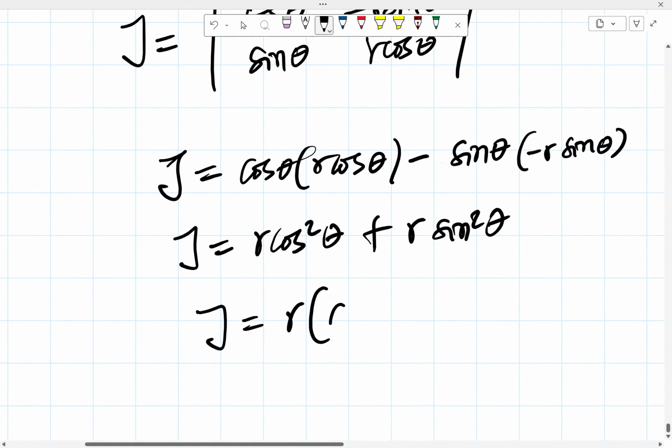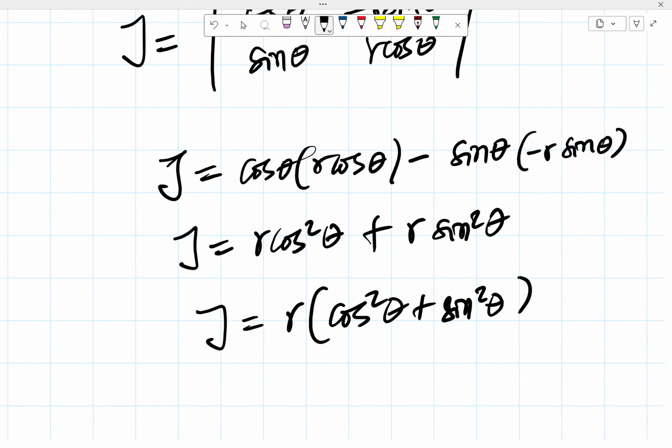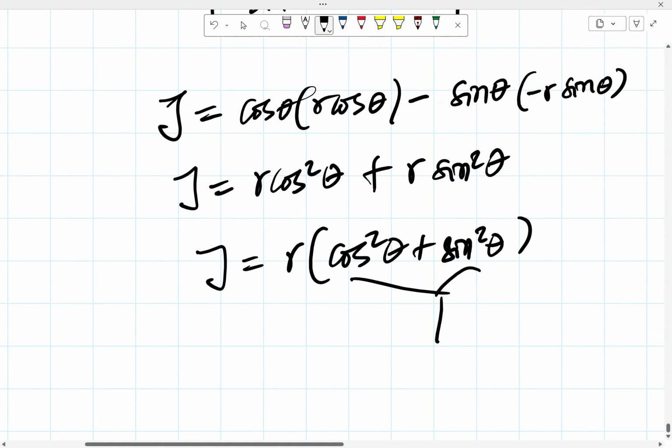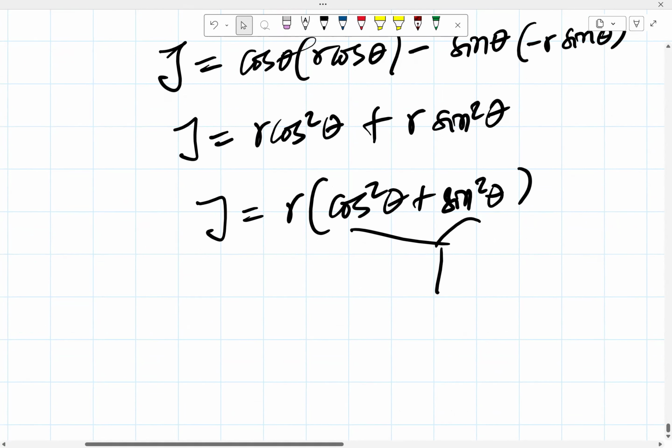So we can factorize r into cos squared theta plus sine squared theta. The whole thing here is 1. So we just have j to be r.